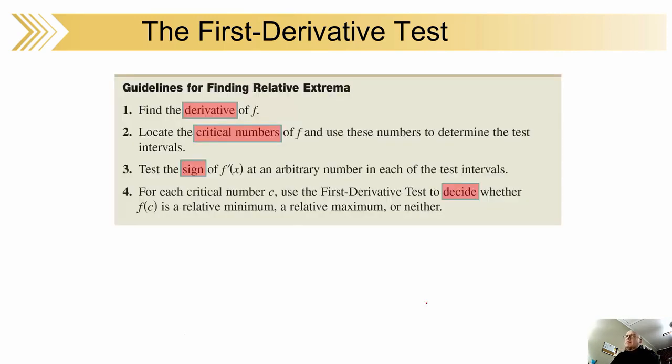So, guidelines. Number one. Big surprise, right? Find the derivative of the function. You're going to set those equal to 0 to find out where those critical numbers are.